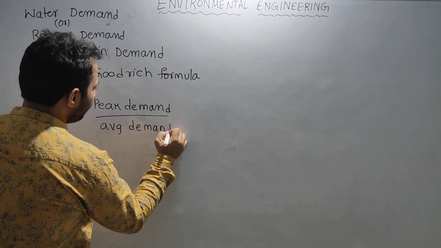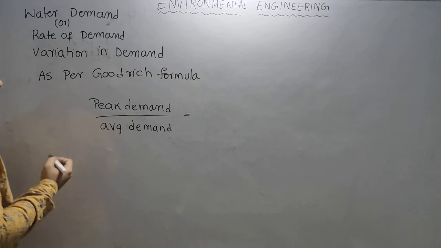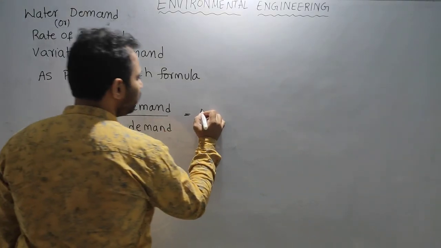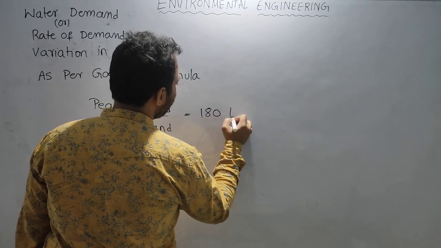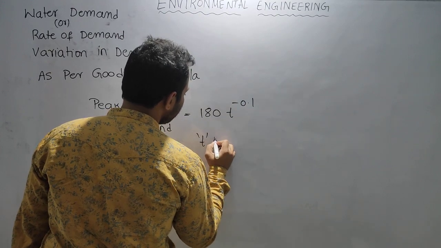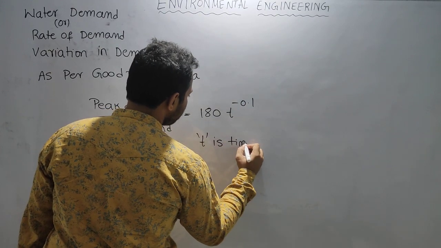Peak demand by average demand is the peak factor. It was given as 180 into t to the power of minus 0.1, where t is time in days.